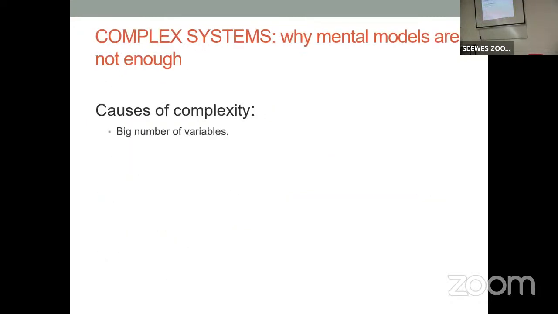Okay. So, I mentioned the word complex systems. Obviously, for simple systems, we can more or less understand easily, and we don't need to build a big model, just to understand and to take decisions. But when the system is too complex, we need the help of this kind of simulation tool in order to take decisions, because it's quite difficult to understand with a mental model what is going to happen.